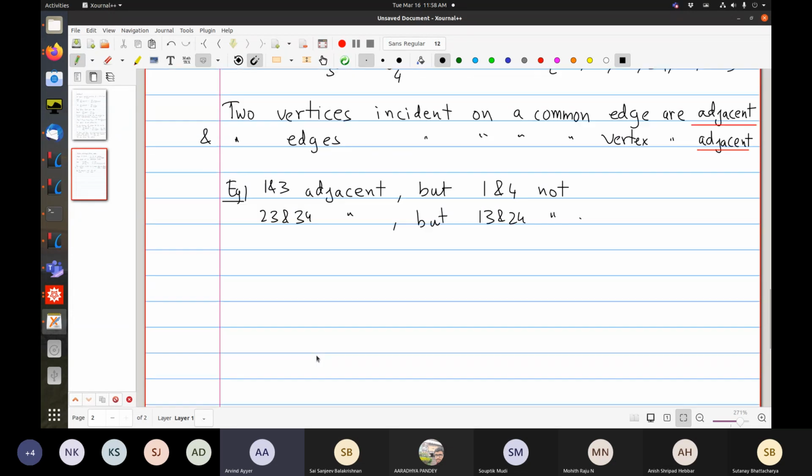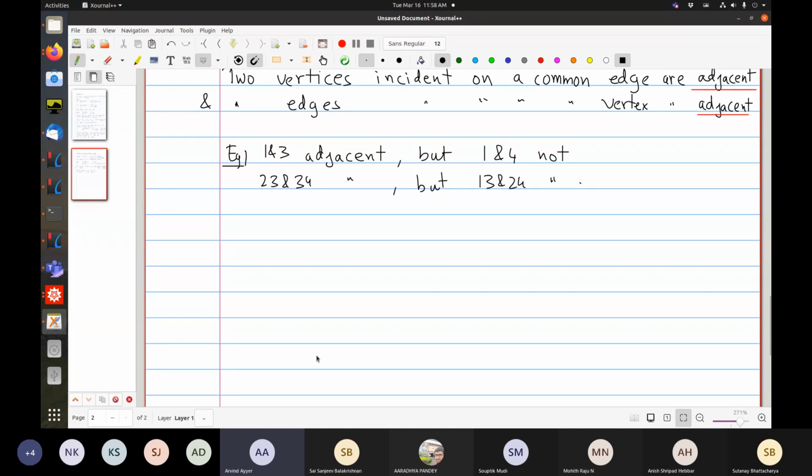Okay, so there are some families of graphs that are good to know. That's probably a good idea just to keep in mind.